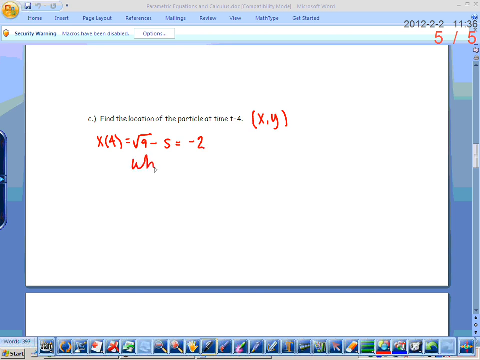Basically, when t equals 4, x equals negative 2. So I would want to be finding y of negative 2, which is negative 8 plus 6 from the given y equation. So negative 2, negative 2.